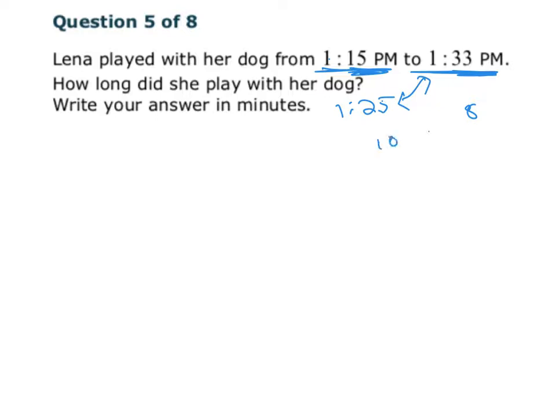So I have 10 minutes plus 8 minutes for a total of 18 minutes. Another way I could have done this is I could have seen 1:15 to 1:35, and that's 20 minutes, and then I'm going to subtract 2 minutes from that. So again, that would be 18 minutes.